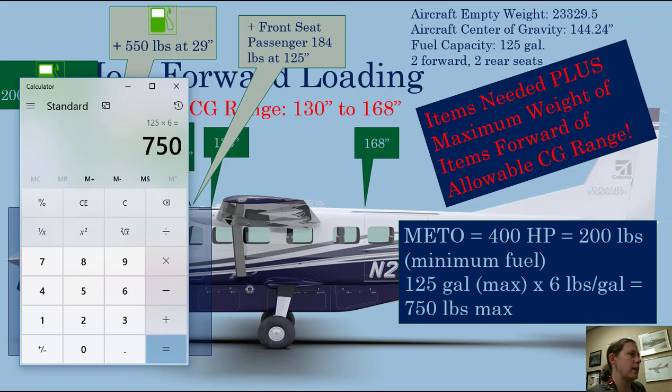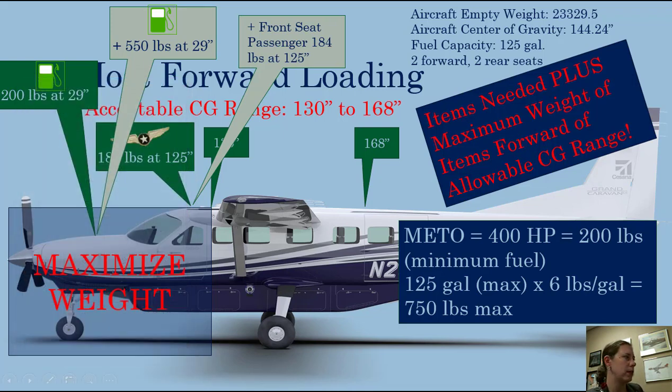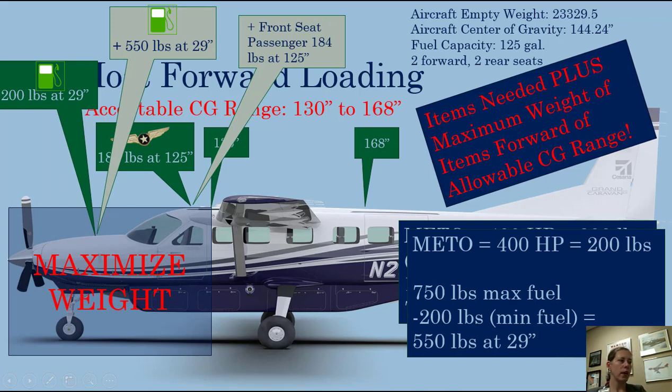So I'm going to subtract the 200 pounds that we've already loaded as part of our minimum fuel, and that gets me 550 pounds. So 750 pounds max fuel capacity, subtract our 200 pounds minimum fuel, and we get 550 pounds of fuel that we add for that forward loading theoretical calculation at 29 inches. Okay, so here's the picture of what you see going on.